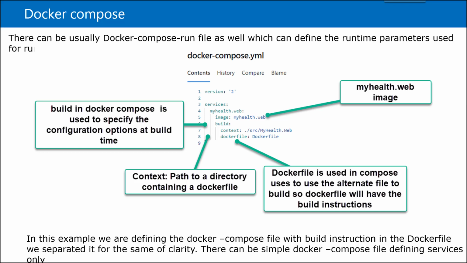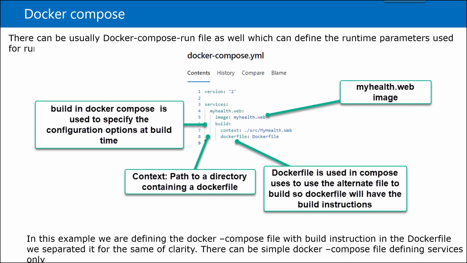Okay. So in this example, what we have done is we have created a Docker Compose file, and the real instructions to build the images are kept separately. Instead of putting everything in one file, for the sake of clarity we have put it in a separate Docker file. So let's understand how it works.